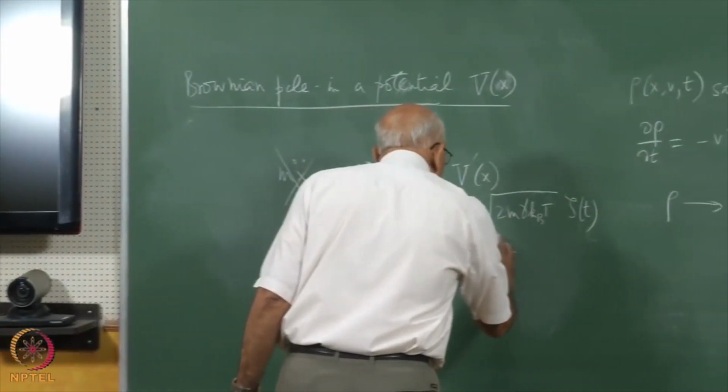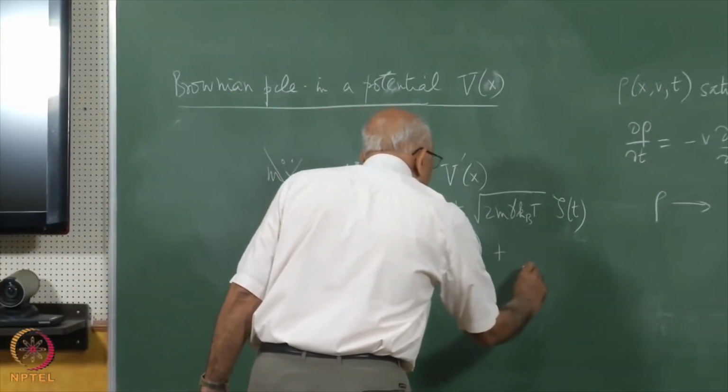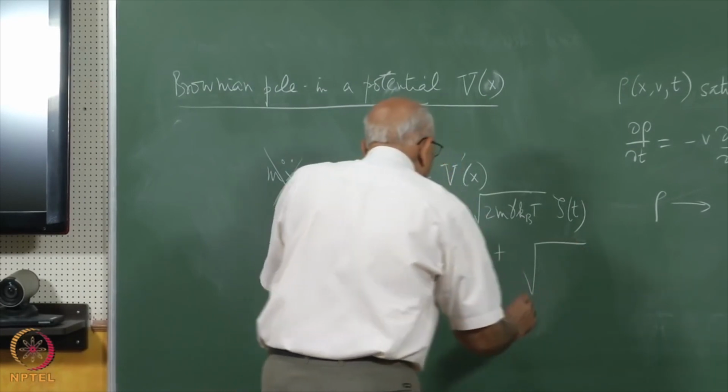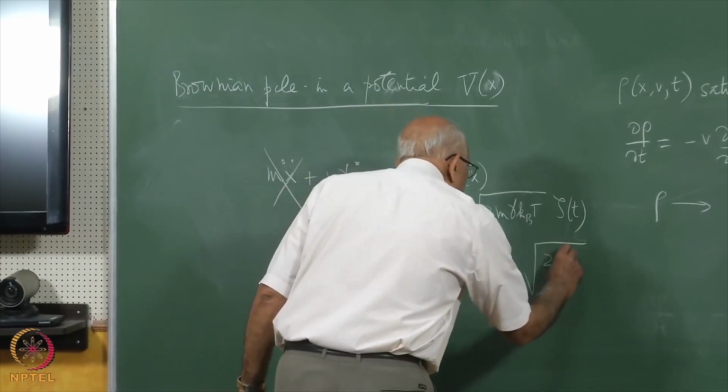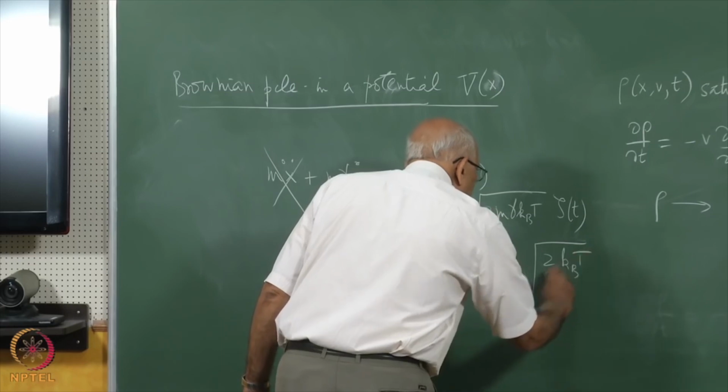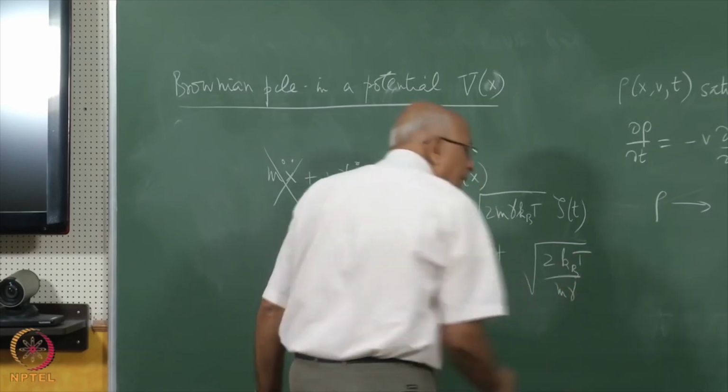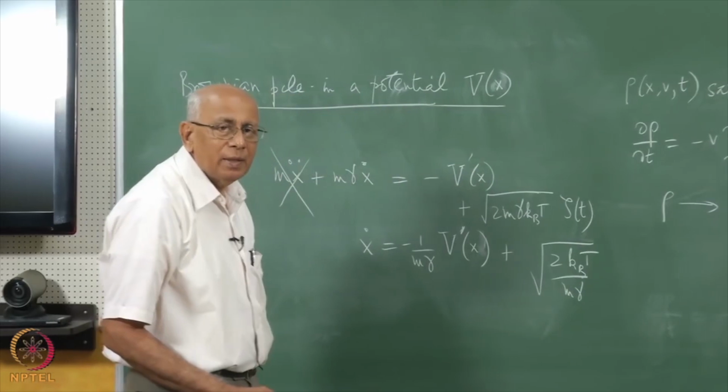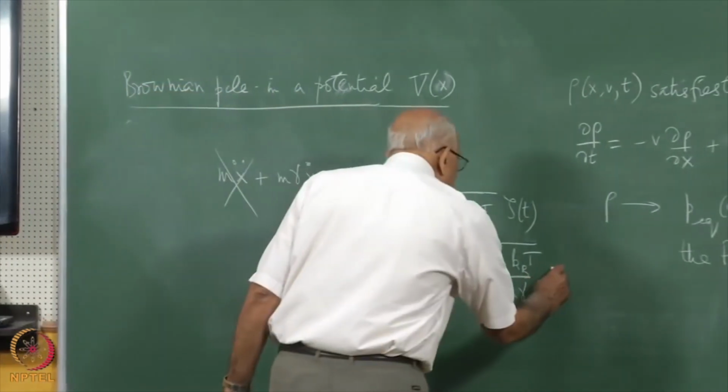plus square root of, I have to divide by m squared gamma squared. So, it is twice k Boltzmann T over m gamma, that is our old friend square root of 2D appearing again times zeta of t.